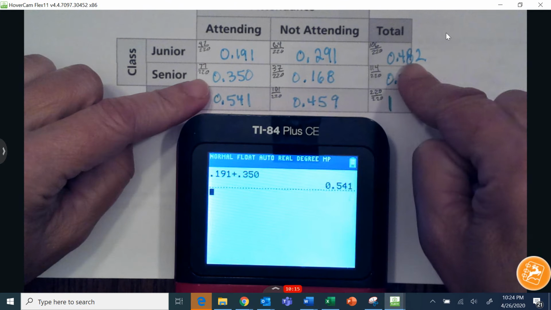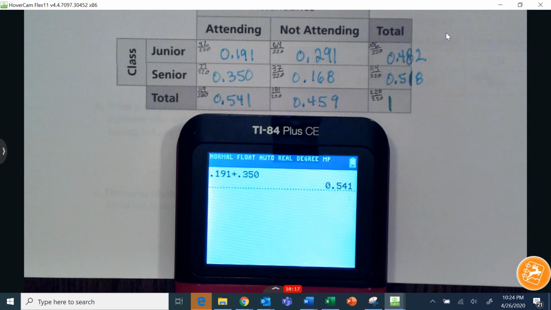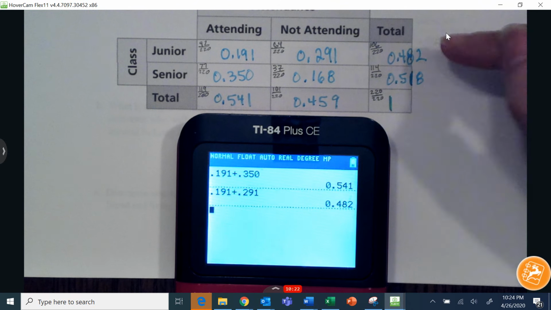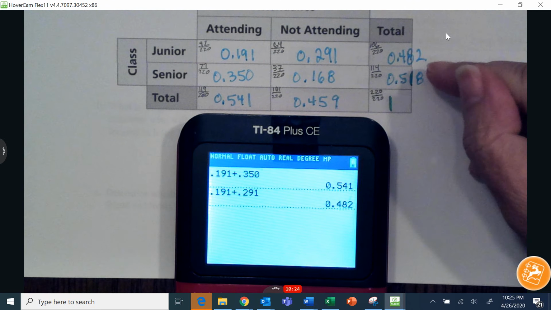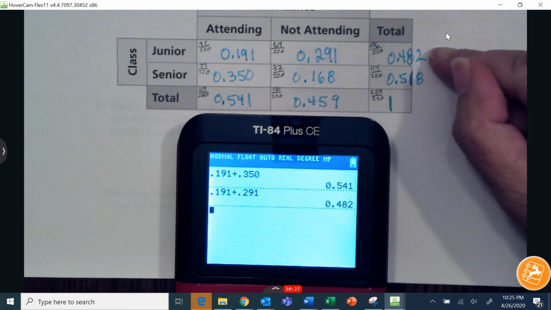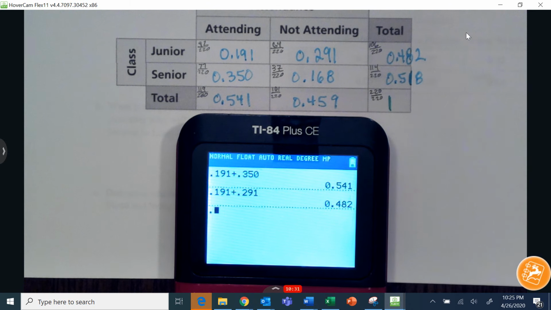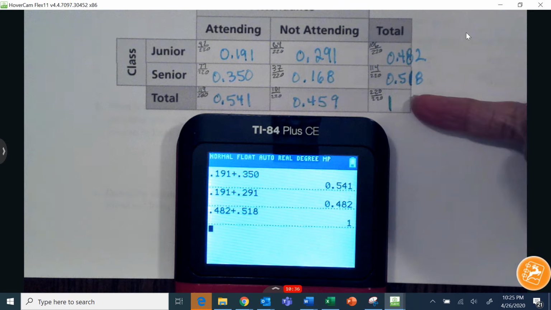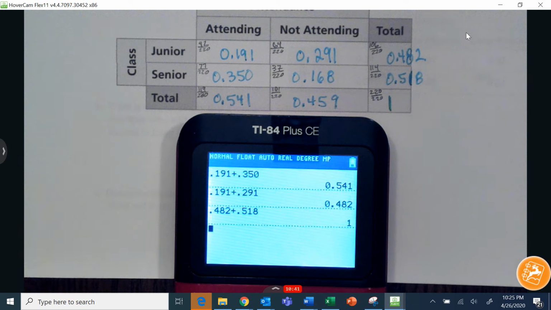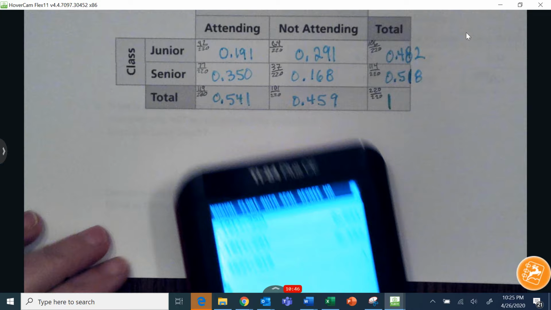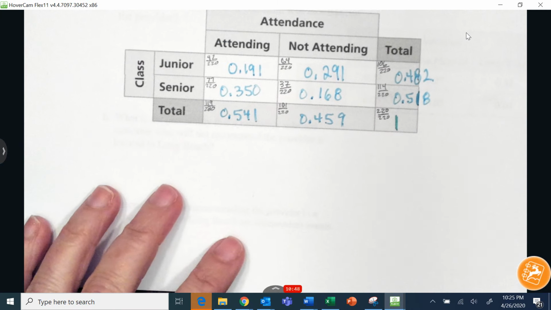And let's just try it across: 0.191 plus 0.291 equals 0.482, so it works across as well. I'm going to add together the two marginal relative frequencies, 0.482 plus 0.518, and that gives us a total of 1. So those will also add to give us 1, just like it did in the other table when we were just using the joint and marginal frequencies. So these are relative joint and marginal frequencies.